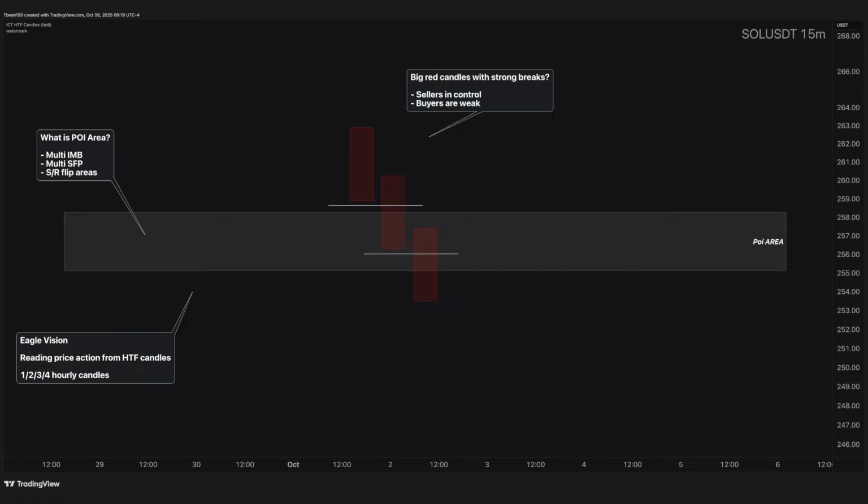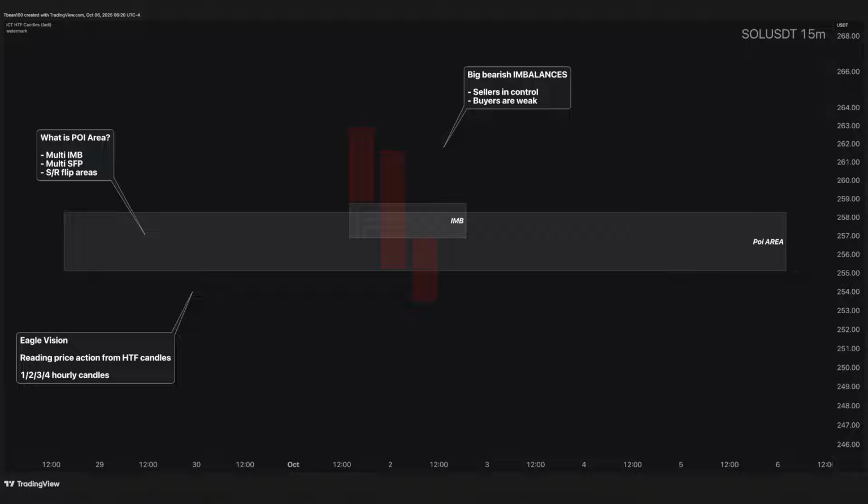This is a clear sign of a strong downtrend at the moment. And if you also notice large bearish imbalances forming in that same area, that's another clue that we are still in a solid downtrend. Buyers aren't responding at all. They can't even fight back against the seller pressure.